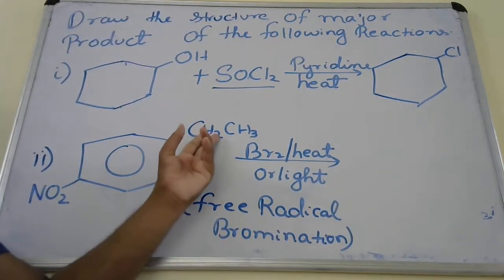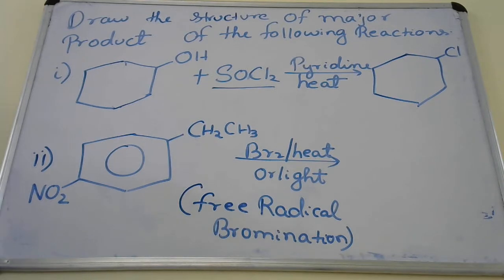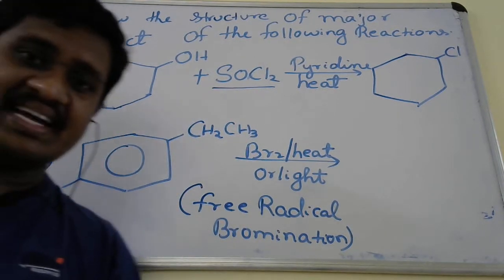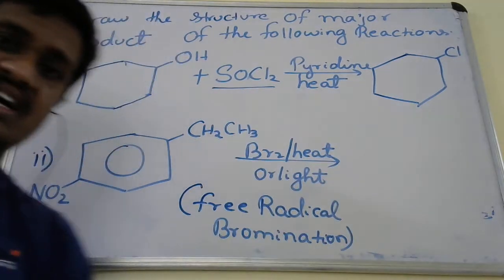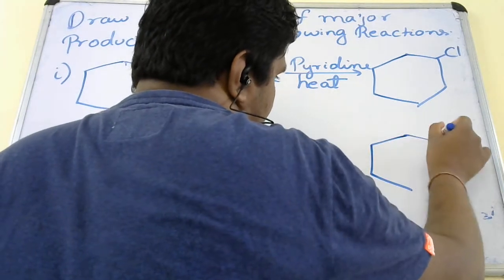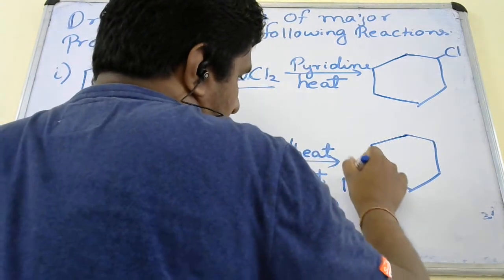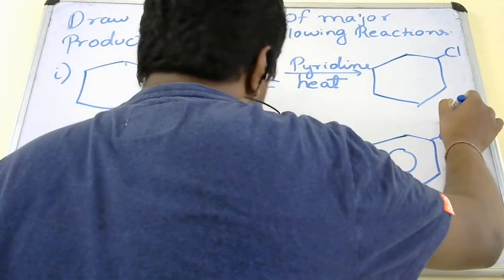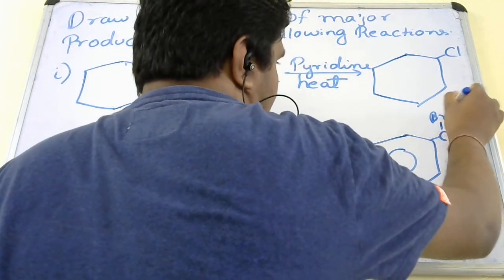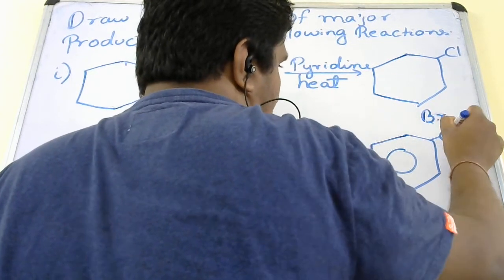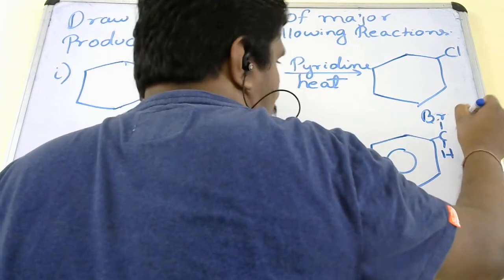In this case, you have secondary and primary carbon. This is your secondary carbon, this is your primary carbon. So bromine will attach at the secondary carbon. So the answer will be: at the secondary carbon we attach a bromine, here hydrogen.